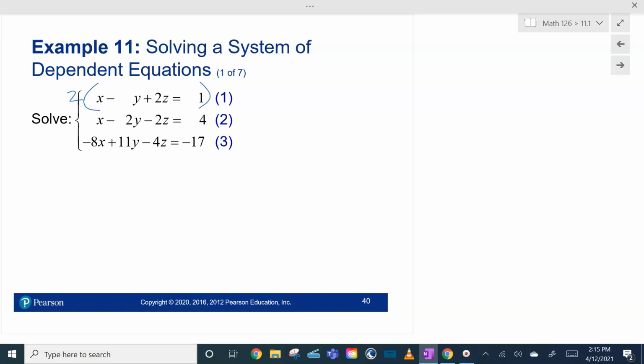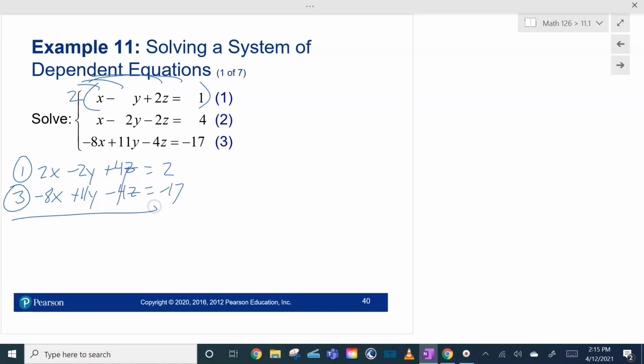So what I have here, once this all goes through, is equation 1 becomes 2x minus 2y plus 4z equals 2. And then I have equation 3, I don't have to touch. Z's are gone. So I have negative 6x plus 9y equals negative 15.